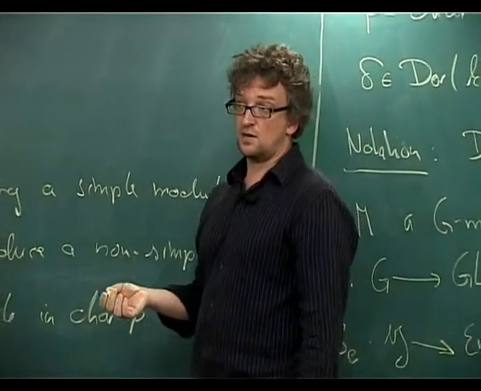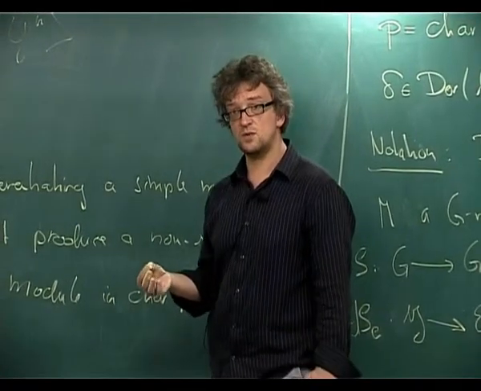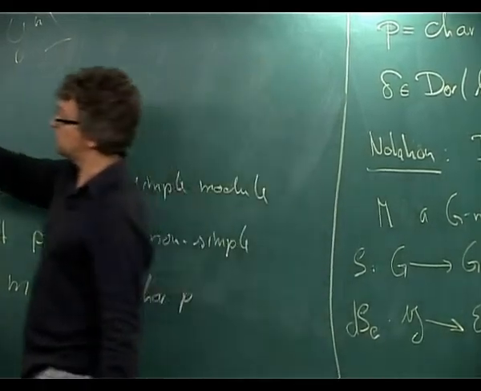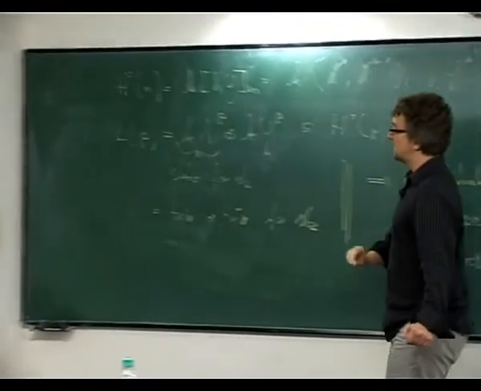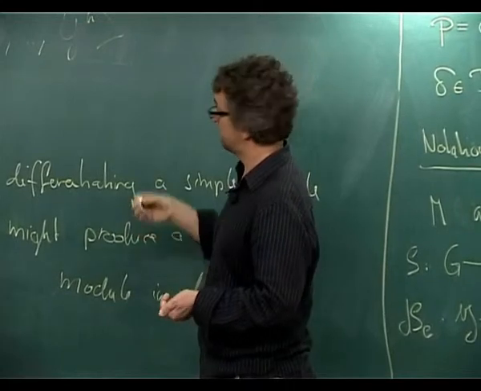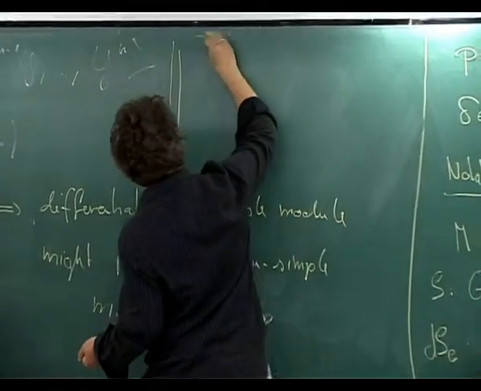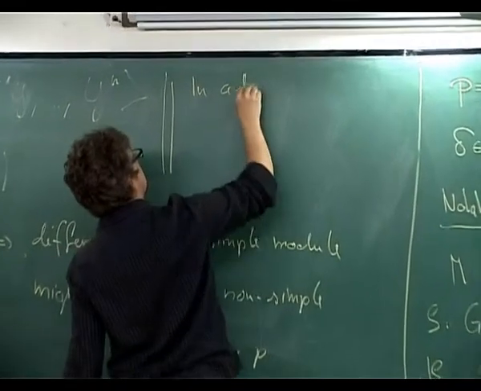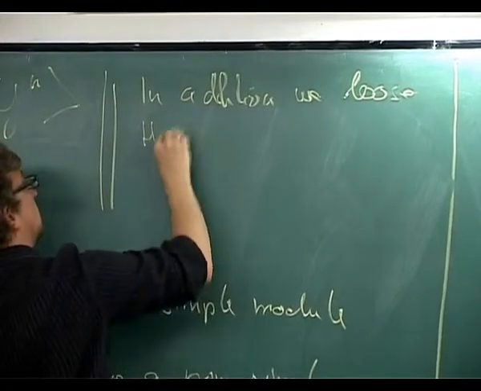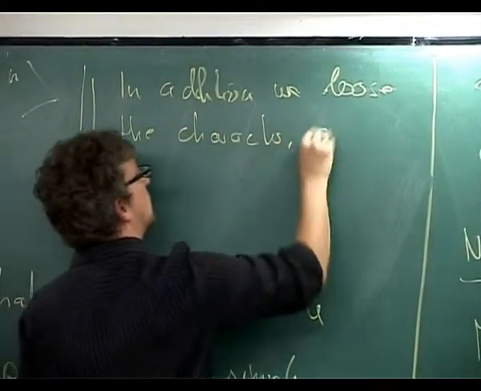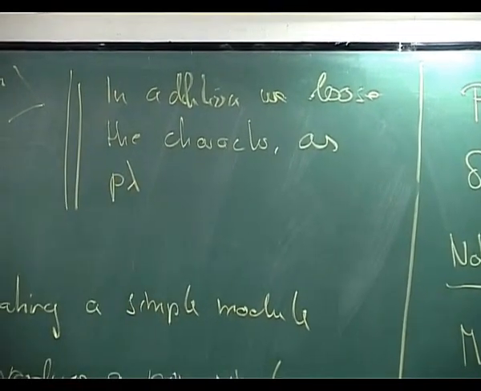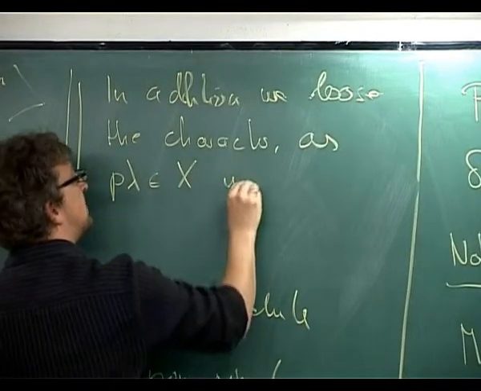And moreover, we lose the information on the character, because the character of these simple modules LP or LN is calculated via the action of the torus. So in addition, we lose the character, as the weight p lambda, by differentiating.